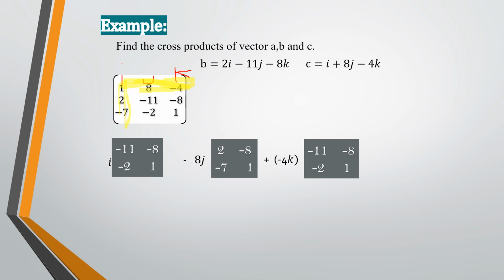While in getting our j, this is our j. We erase this one, and the rest will be the given of j.